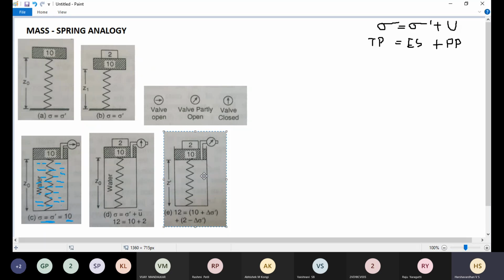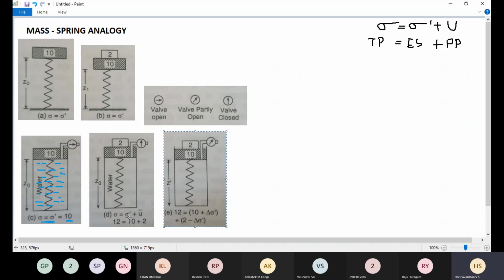So due to escape of some water, the piston or the spring moves down, the spring is compressed, and hence some of the pressure out of 2 units which was entirely carried by water is now transferred to the spring.